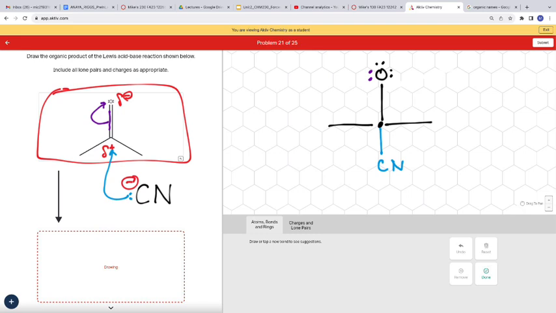To Sophia's question, what's a not positive or a not proton? What did this carbon donate its electrons to? Another carbon. Is that a proton? No. What did the CN minus act as? It acts as a nucleophile because it's donating its electrons to something that is not a hydrogen.